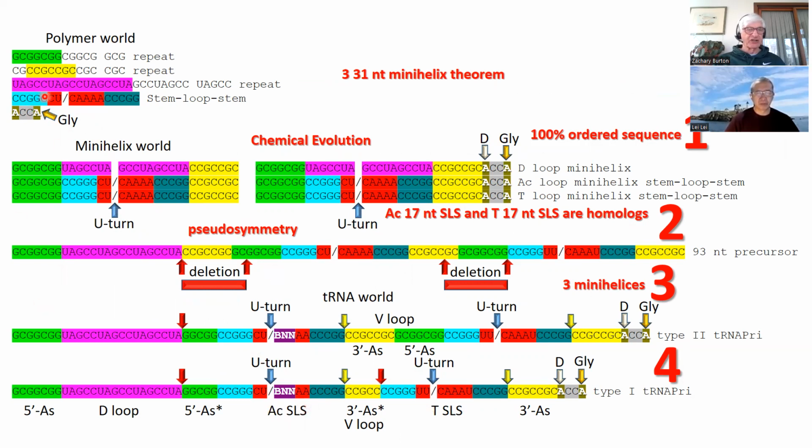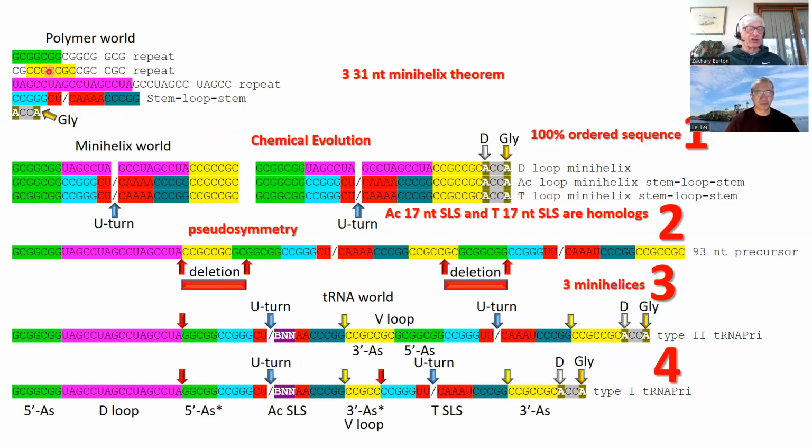So what am I going to tell you? I'm going to tell you that there was once a polymer world that had regular polymers. And everything on this slide is pre-life. Everything on this slide is chemical evolution. None of this is Darwinian evolution in organisms.